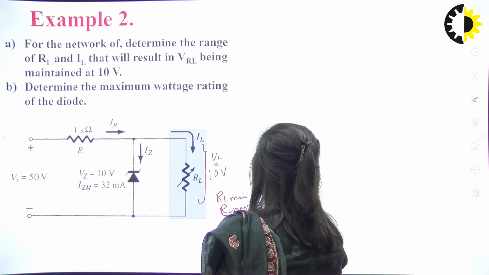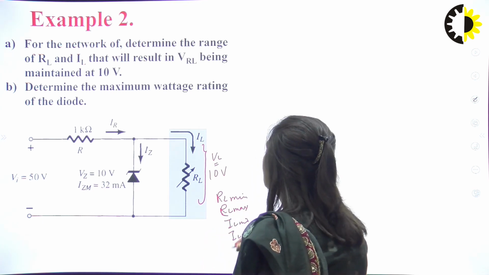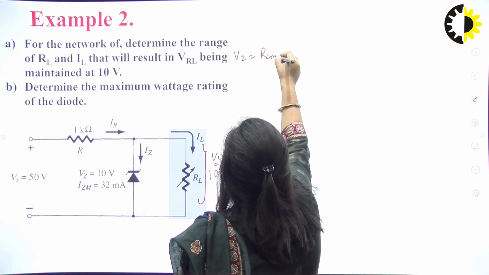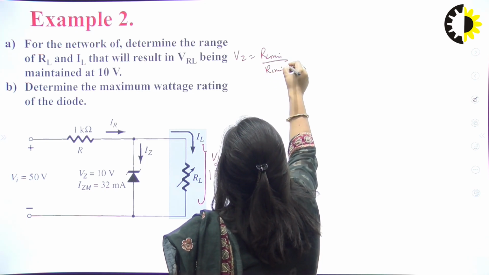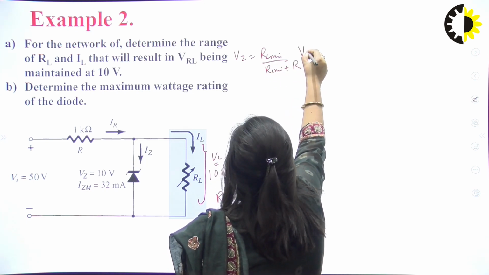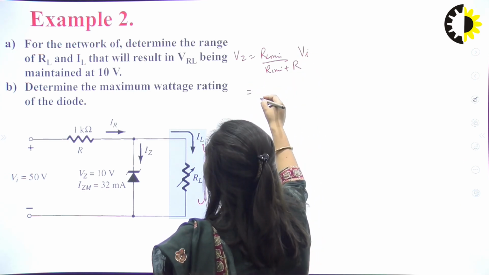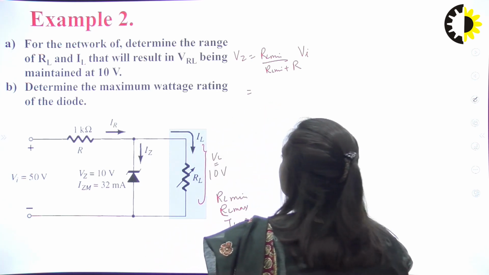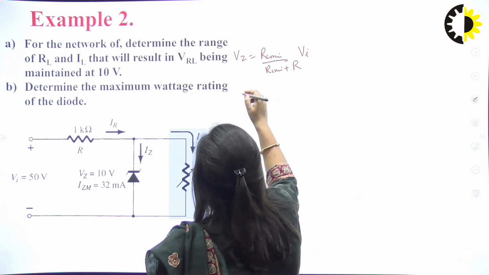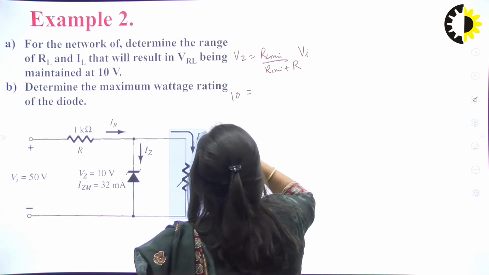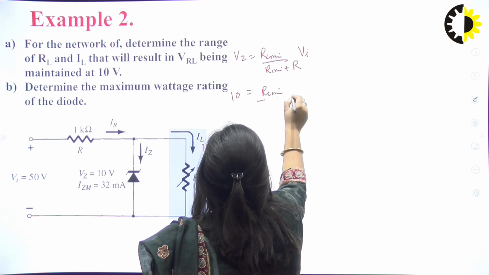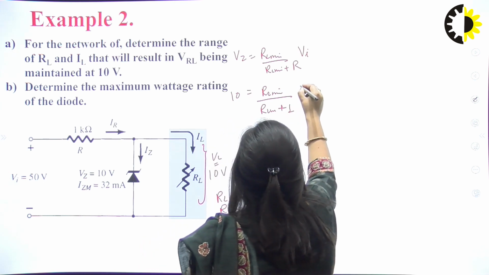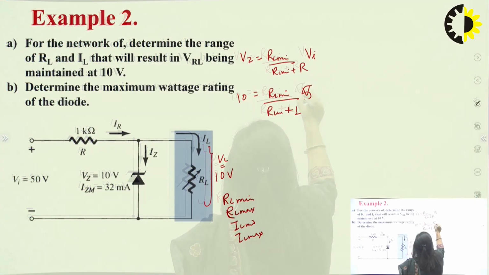For RL minimum there is a formula: Vz is equal to RL minimum upon RL minimum plus R multiplied by Vi. Here we have to find RL minimum, and we are given 10 volt. Vz would be equal to VL, so 10 volt is Vz, equal to RL minimum upon RL minimum plus R. R is 1 kilo ohm and Vi is given as 50.